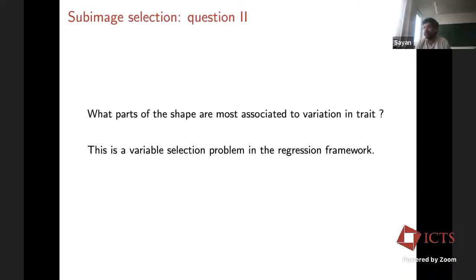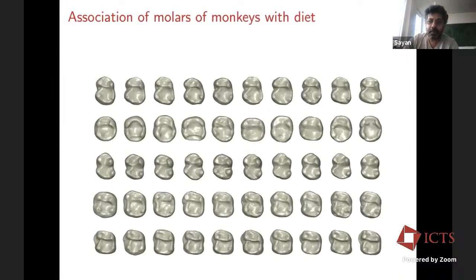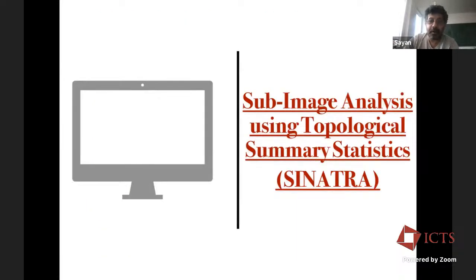So this is almost like a variable selection problem, but it's a variable selection problem where we don't have any coordinates. Okay, so I'll skip that. Okay, so how do you do this?